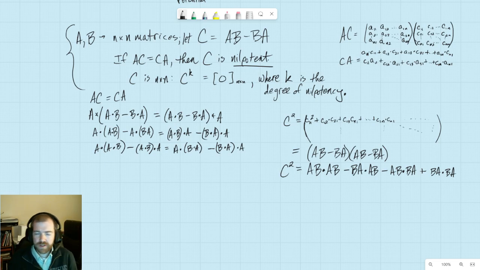Trying to determine if there's any way forward in figuring out if AC is equal to CA and C is equal to AB minus BA, then C is going to be nilpotent. So where C is n by n, C raised to the k power is going to be some n by n matrix.